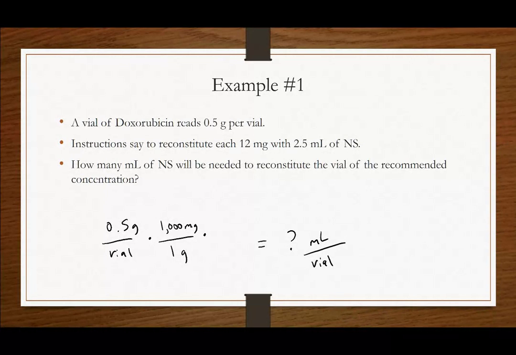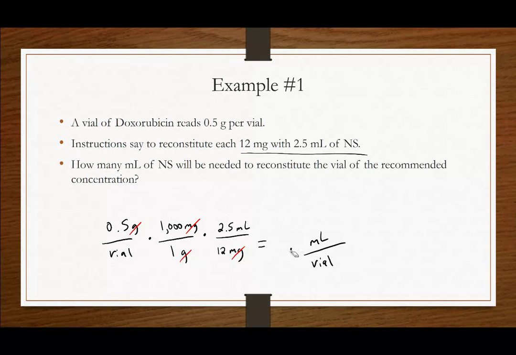And now we can multiply again by our instructional phrase here, the 12 milligrams being reconstituted with 2.5 milliliters. So in that instance, we'll have milliliters on top because that's what we want to end with, and 12 milligrams in the denominator. With our units canceling, we're left now with milliliters per vial needed.